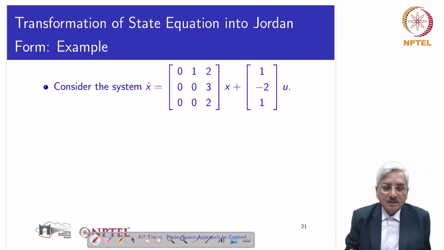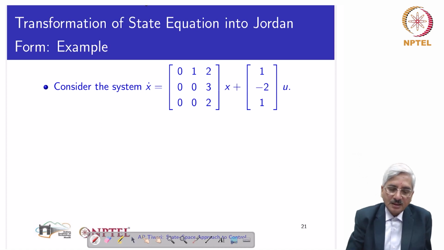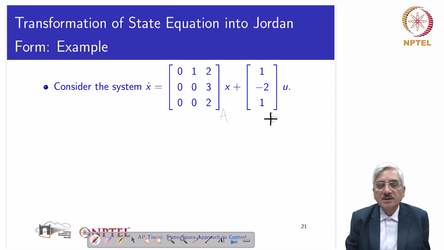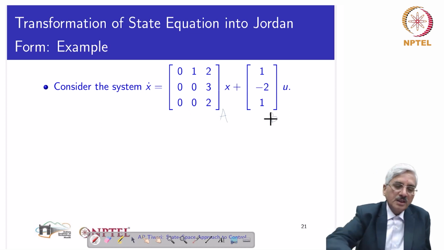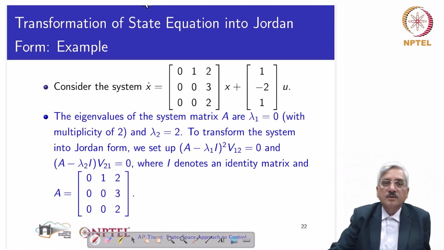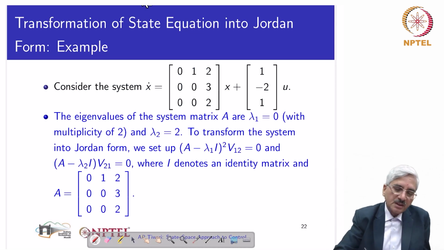So we consider one example. The given system is like this: 0, 1, 2, 0, 0, 3, 0, 0, 2. This constitutes the A matrix, and this is the B matrix for the given system. And we have to convert it into the Jordan form. It is easy to find the eigenvalues.